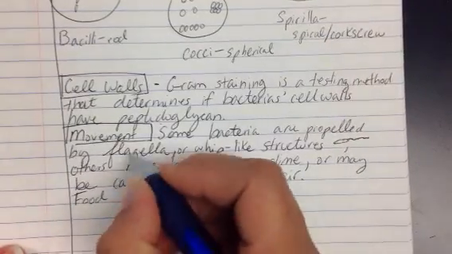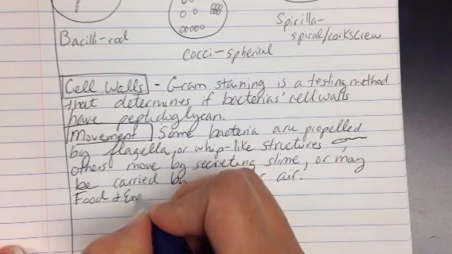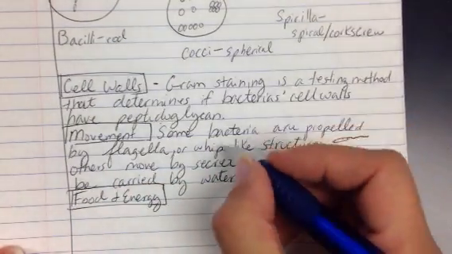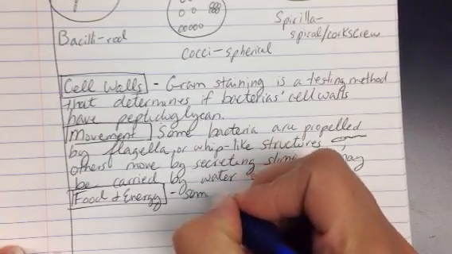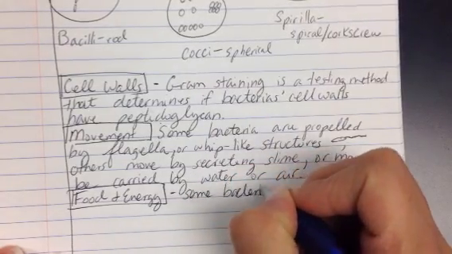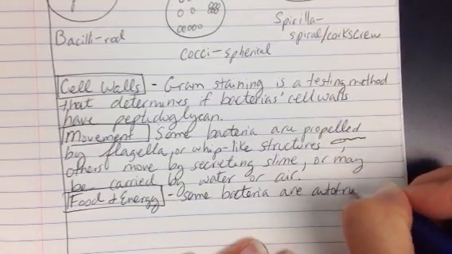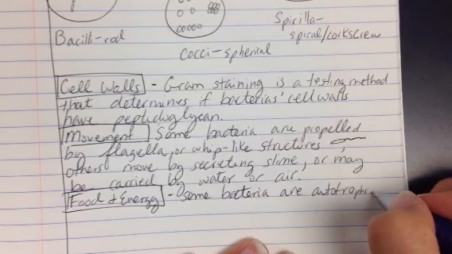Bacteria can also obtain energy in different ways. Food and energy. Some bacteria are autotrophs, which means they make their own food.